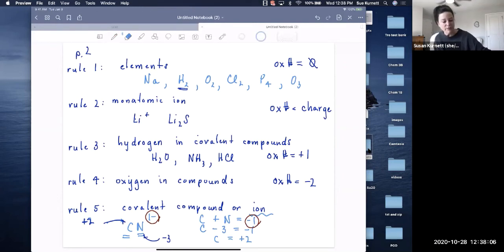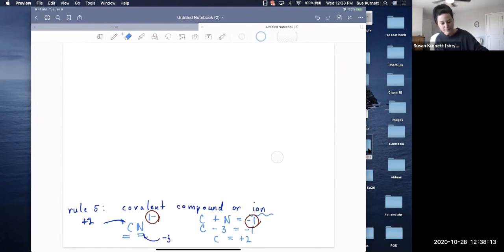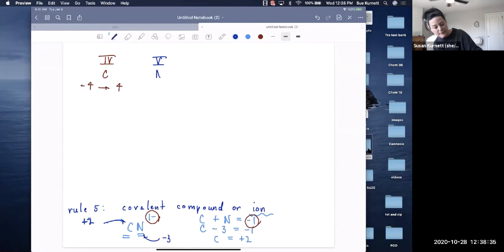I'm just looking at rule 5 right now and nonmetals and saying, what are the possibilities? If a nonmetal is in group 4, like carbon, the possibilities range from the group number to 8 minus that. For things in group 5, like nitrogen, it could be the charge it would have as an ion to the group number.